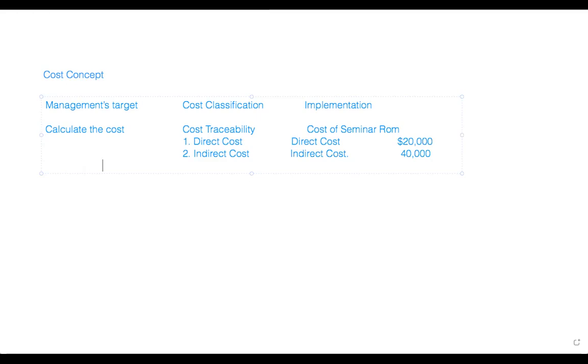So what could be the total cost? The total cost in here is 60,000, right?